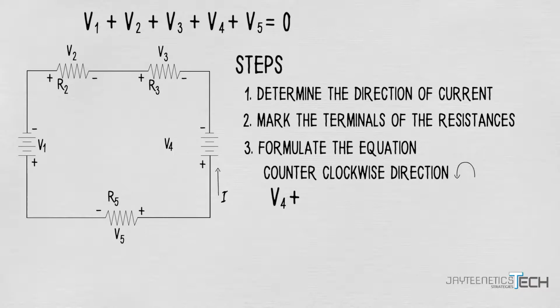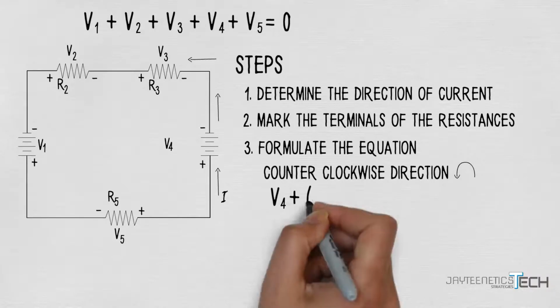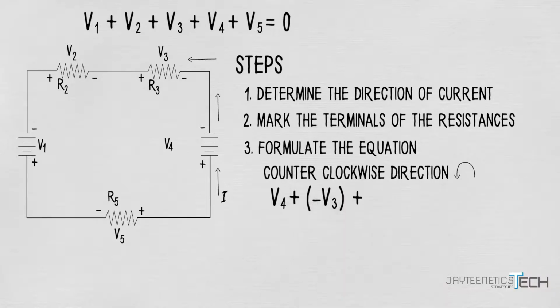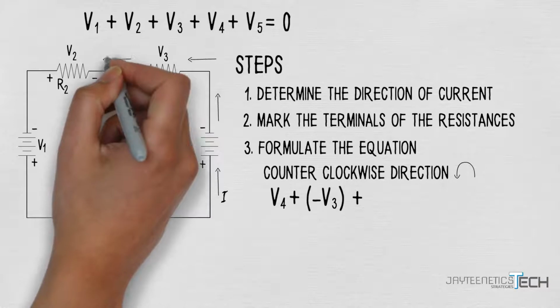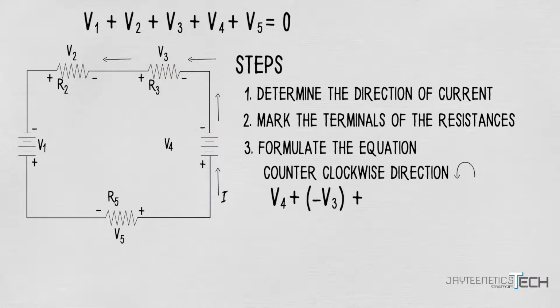Then the same current will enter the negative terminal of R3, which makes V3 negative. The current will then flow from positive terminal of R3 to the negative terminal of R2 that makes V2 negative. And then the current will continue on and enters the negative terminal of V1, which makes V1 negative.